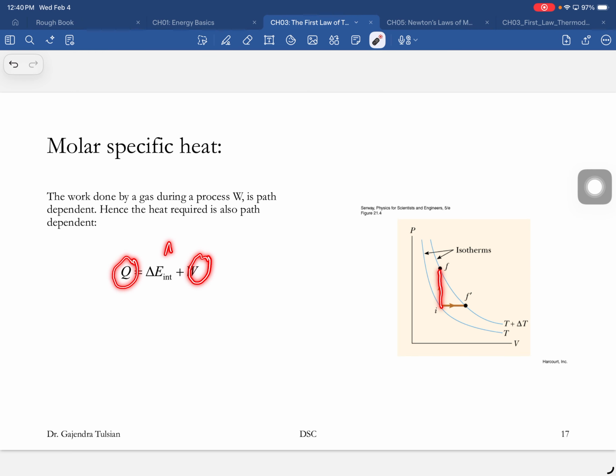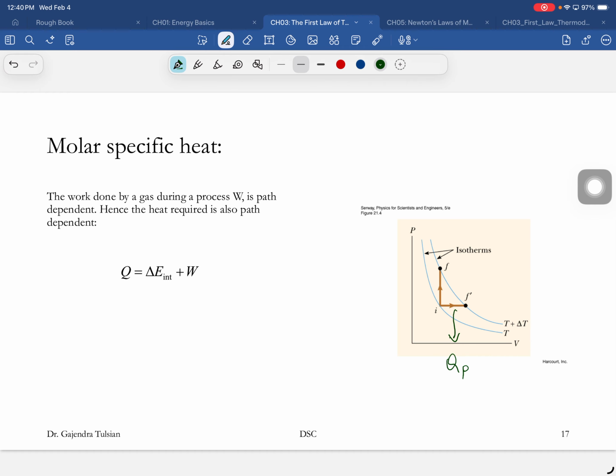All the heat added is just going into speeding up the molecules. Along this path, you're speeding up the molecules. In addition, you're doing work. So you're adding more heat. And this path is a constant pressure process. So the heat added along this path is heat added at constant pressure.